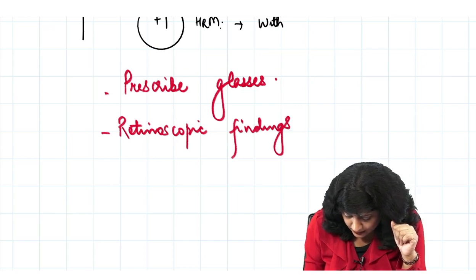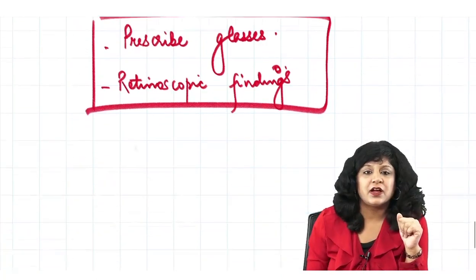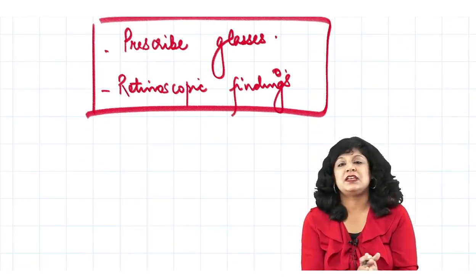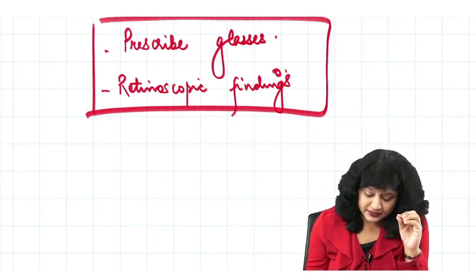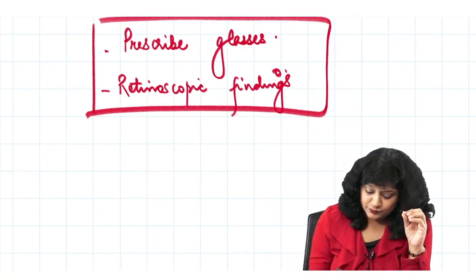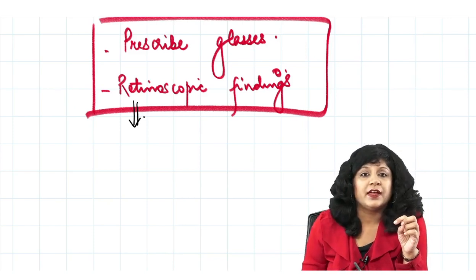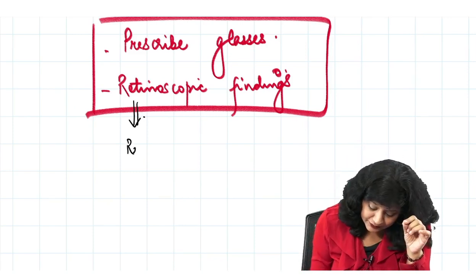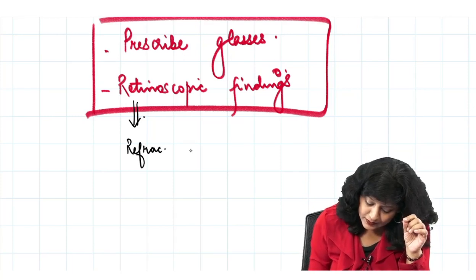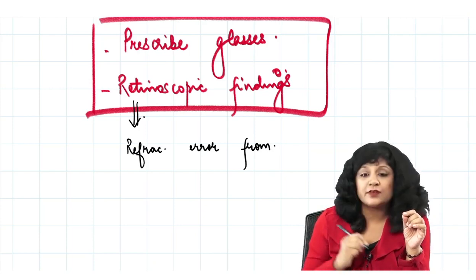Okay. So when you want to prescribe the glasses, how do you calculate from the retinoscopic findings? For that, you first have to calculate the refractive error from these retinoscopic findings.